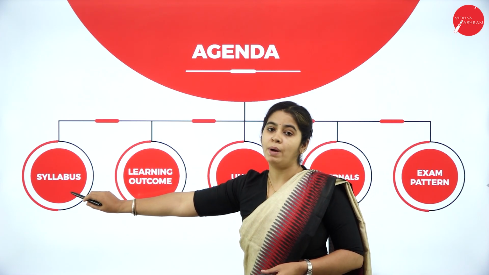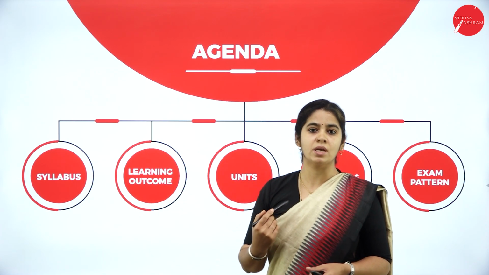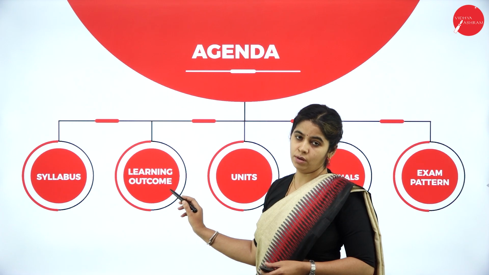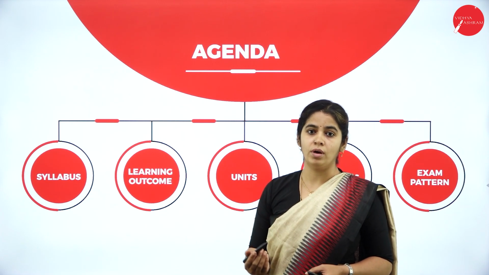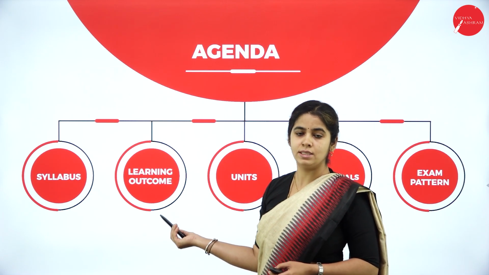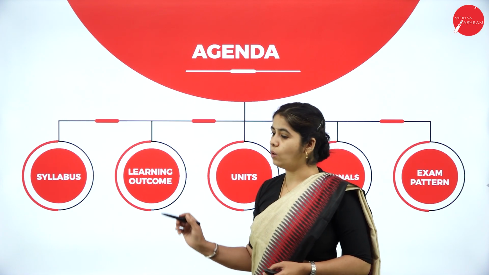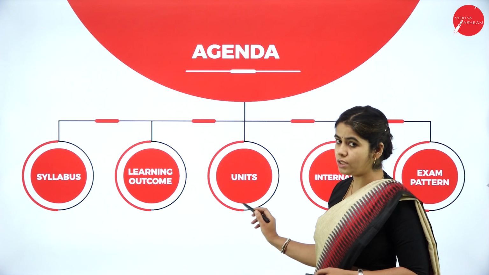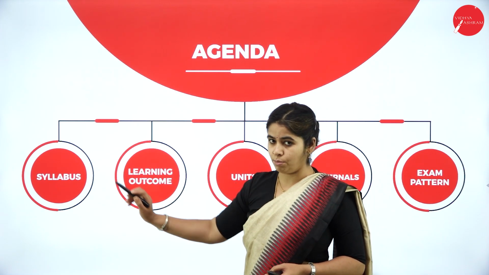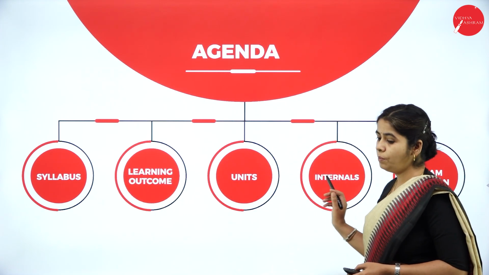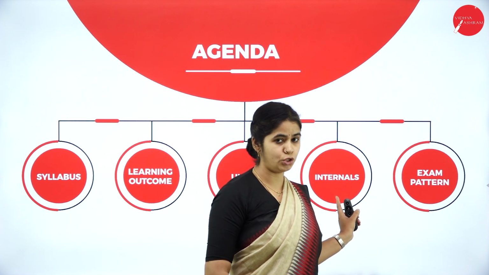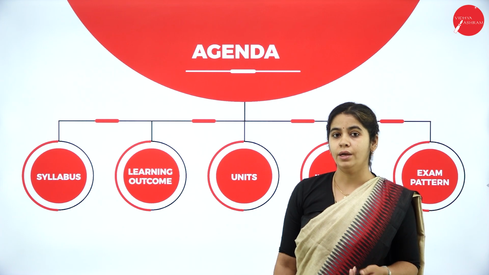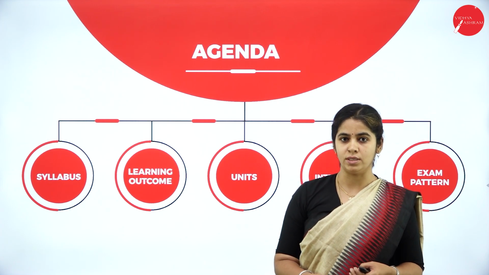After studying this particular syllabus which is prescribed for you, what are you carrying out, what you are taking out of studying this syllabus. That is the learning outcome of this subject. Then how many units you have in your syllabus, what is the internal marks distribution and what is the external marks distribution. That all we are going to discuss in today's session.